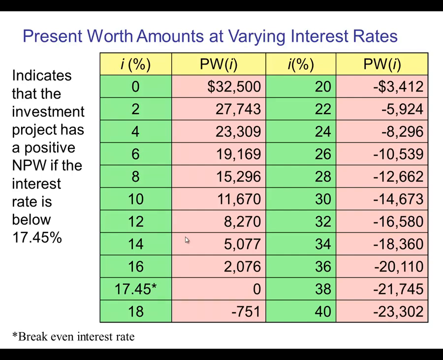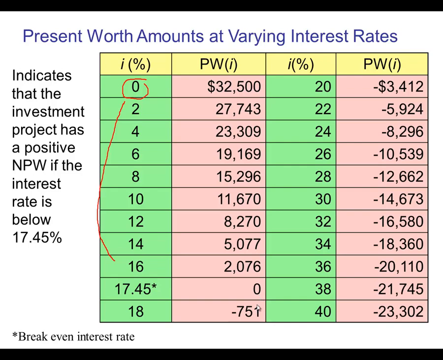The table also is showing the different calculations for present worth at each interest rate, starting from 0 here, and we are increasing the interest until we reach 17.45, and that's when you get a present worth of 0.